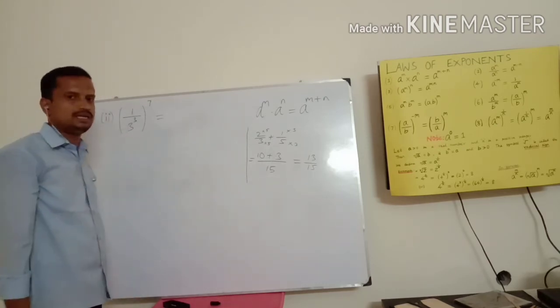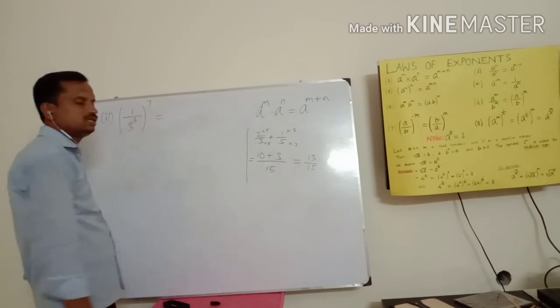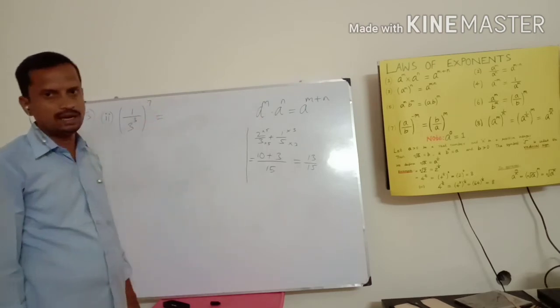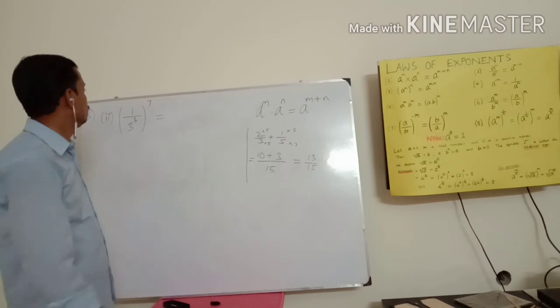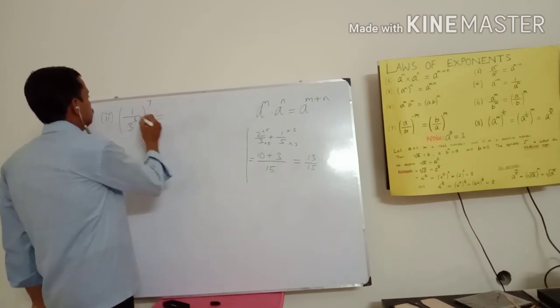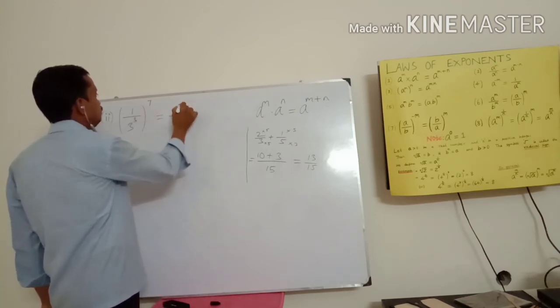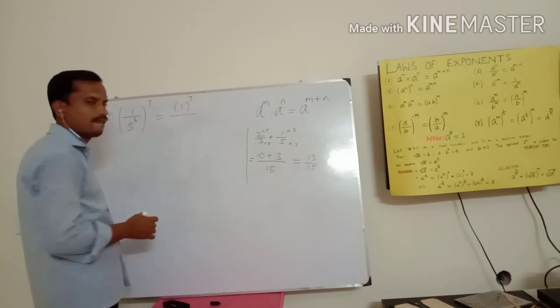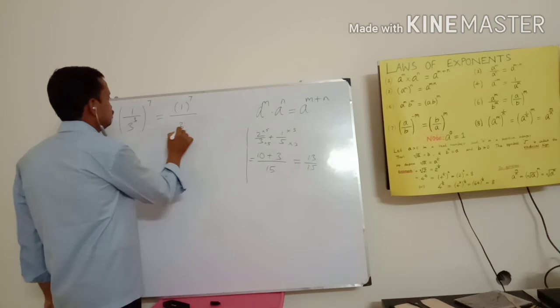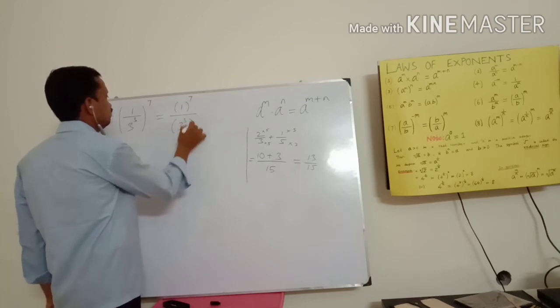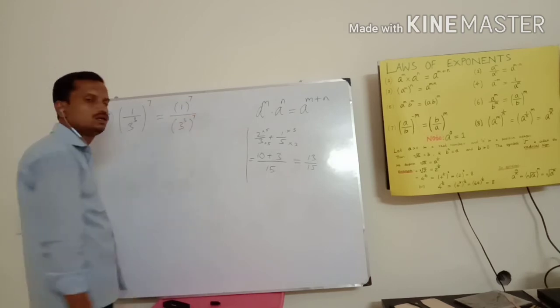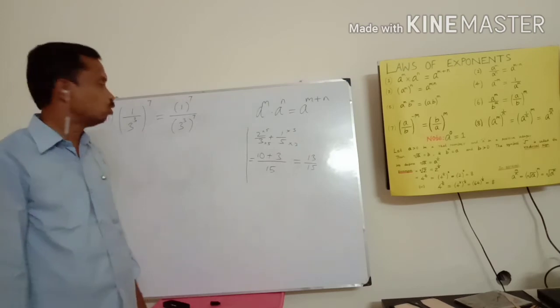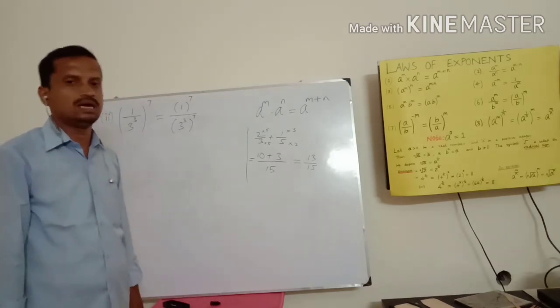So you have to apply the exponent 7 for both numerator and denominator. So here if you apply 1 power 7 and here 3 cube whole power 7, we have to apply the exponent for both numerator and denominator.